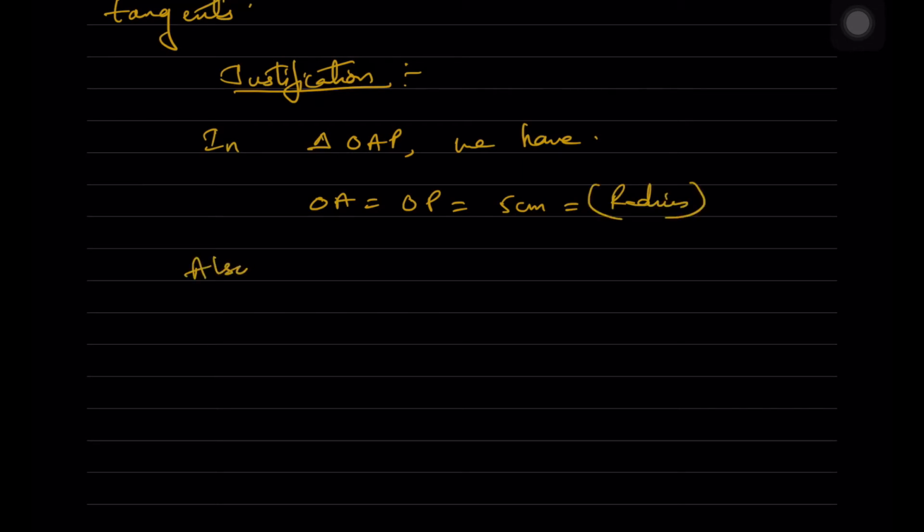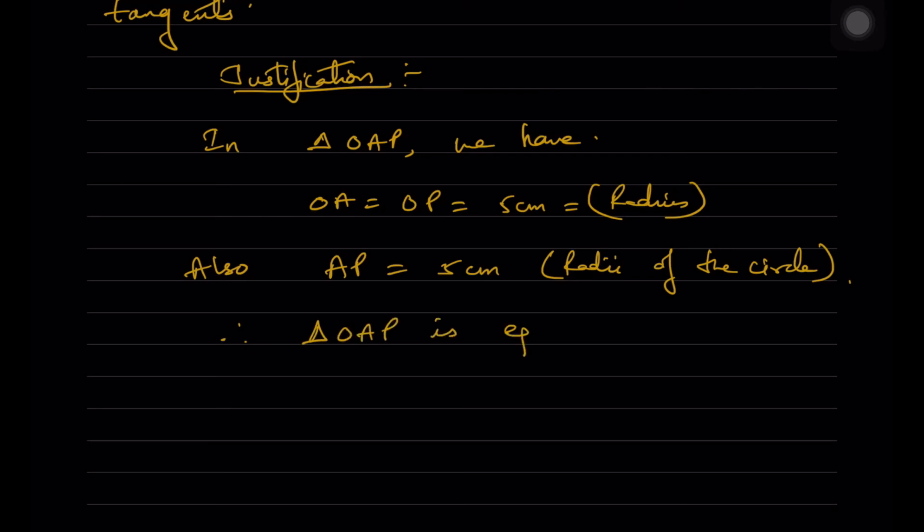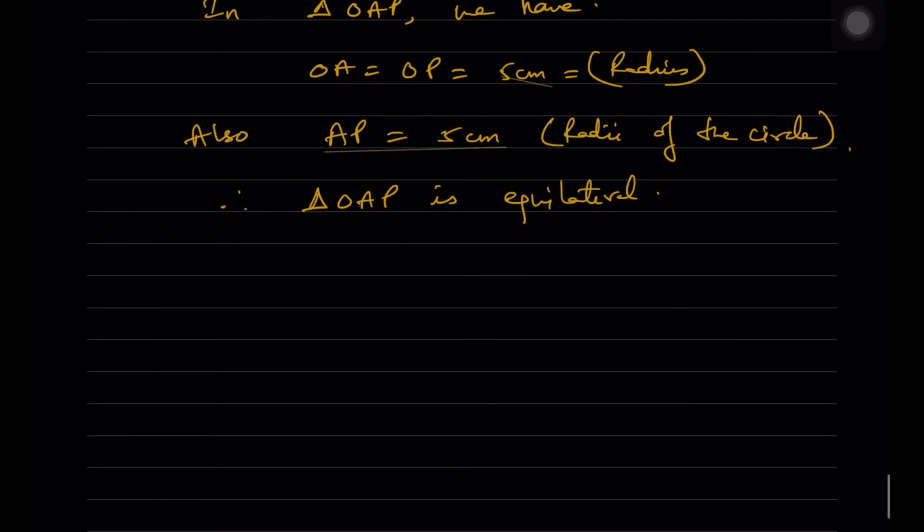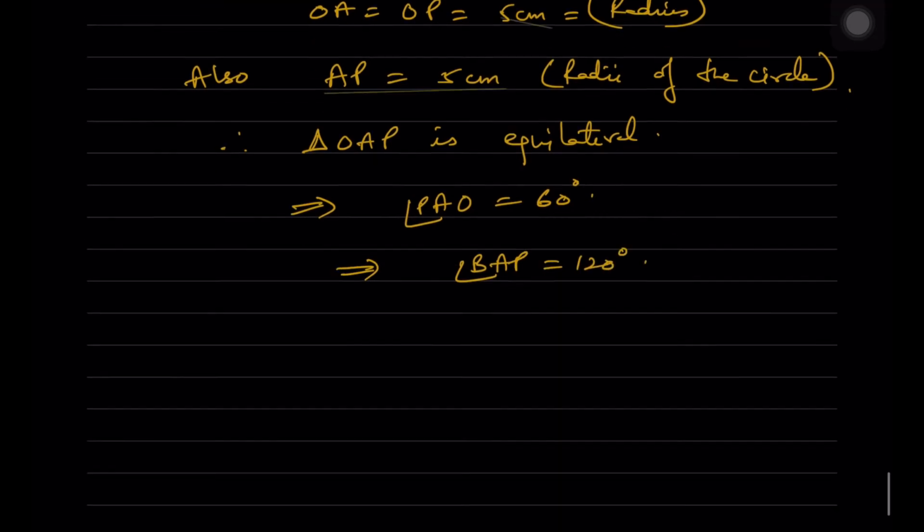Also we have AP is equal to 5 centimeters, radii of the circle. Therefore triangle OAP is equilateral, which implies that angle PAO is equal to 60 degrees, which implies that angle BAP is equal to 120 degrees.